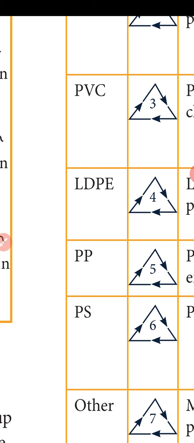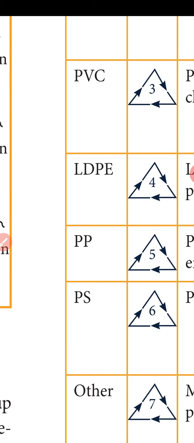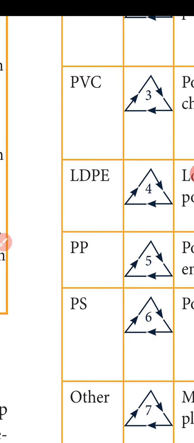The others are multi-layer plastics and various flexible items. These seven types of codes, their names and examples are very important.